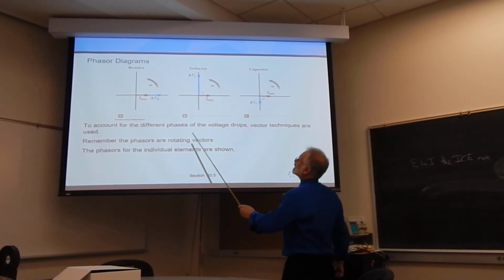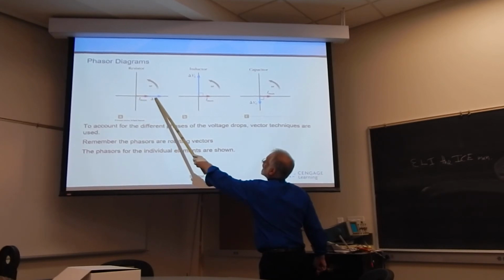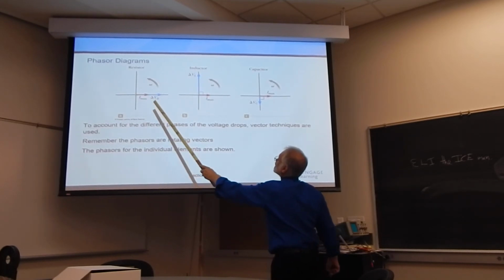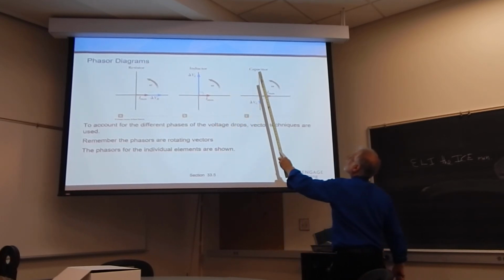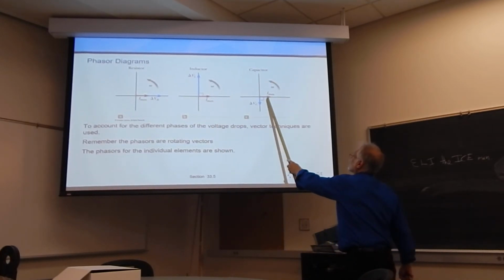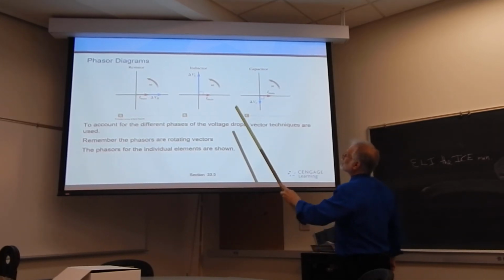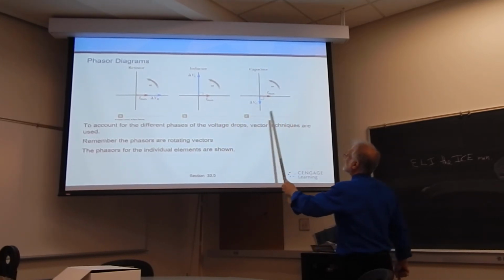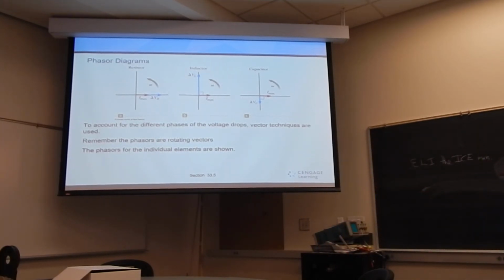In the case of the resistor, voltage and current are along the same line. Voltage leads the current for the inductor. Current leads the voltage for the capacitor. And so what we're going to end up doing is drawing a sort of composite of these three graphs depending upon the values of the voltage across the capacitor, the inductor, and the resistor.